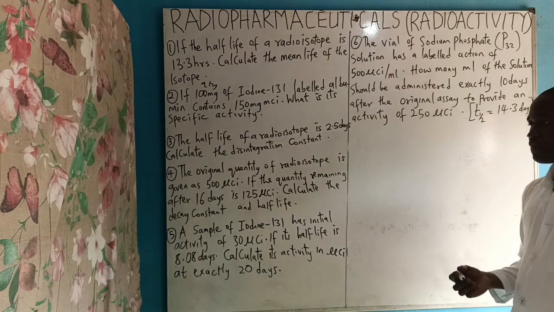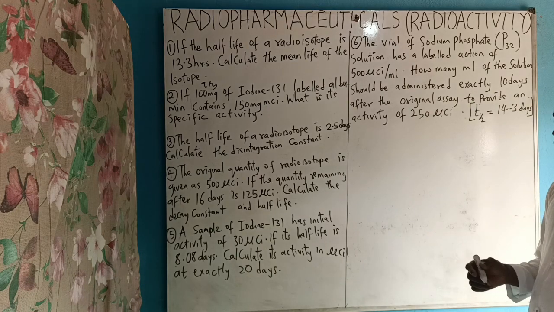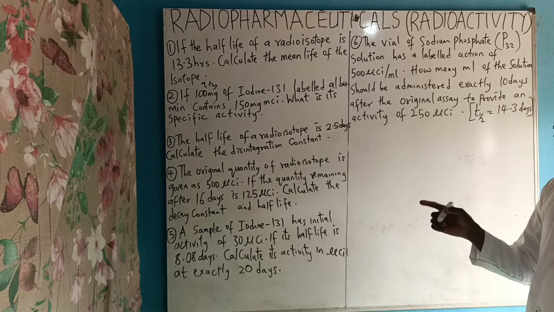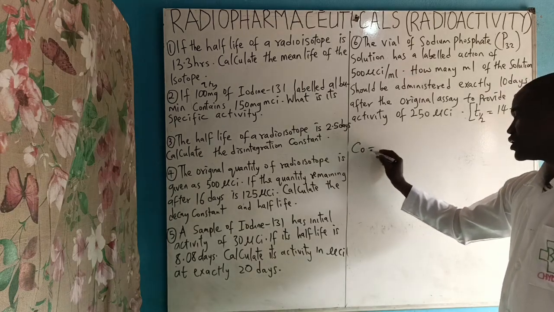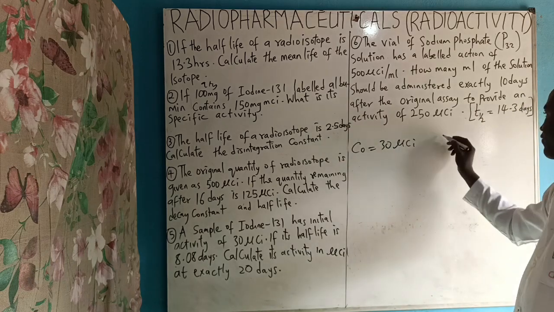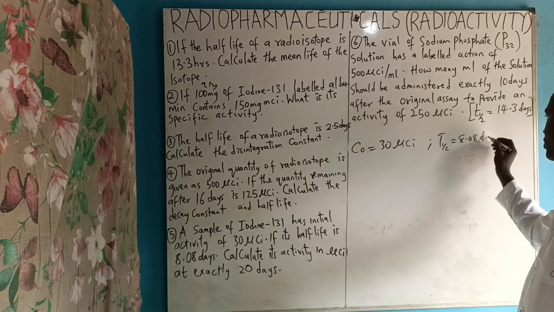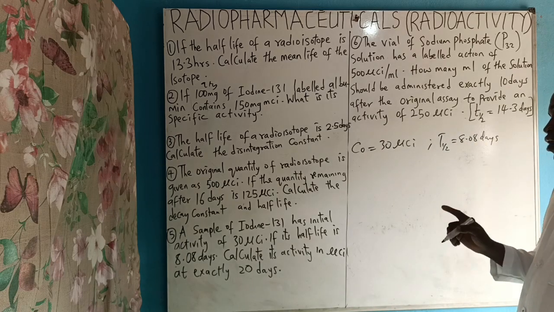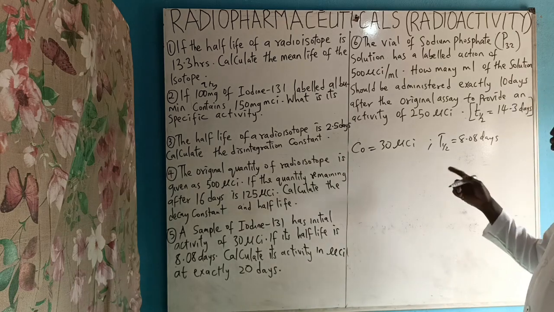Question number 5. A sample of iodine 131 has initial activity of 30 microcurie. If its half-life is 8.08 days, calculate its activity in microcurie at exactly 20 days.